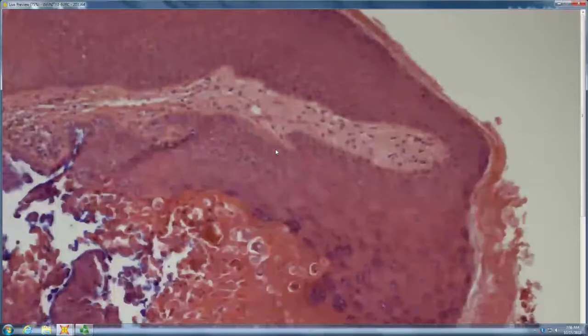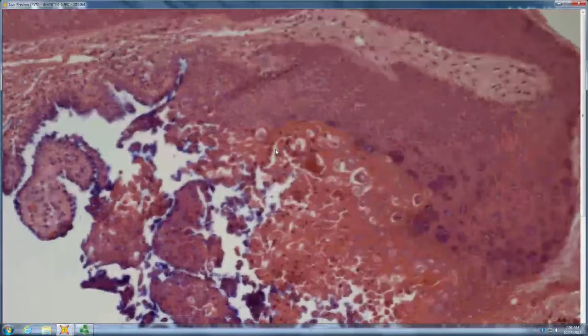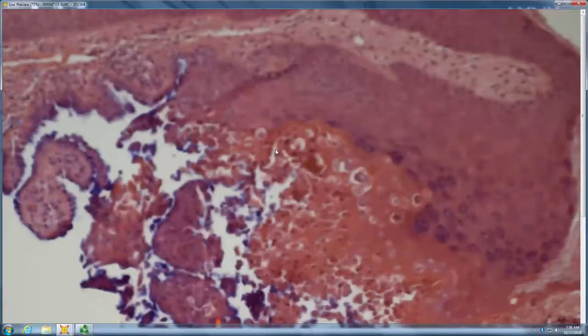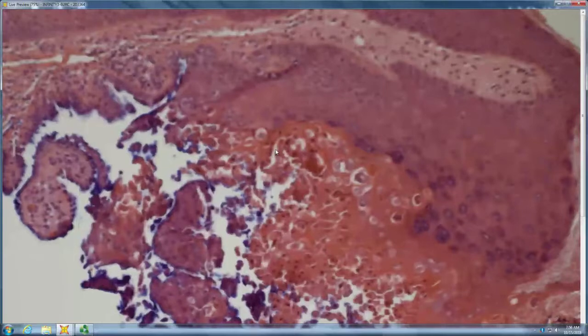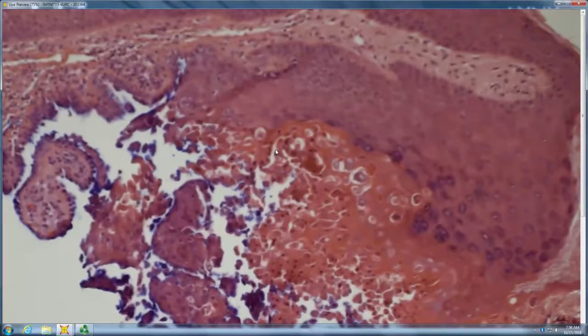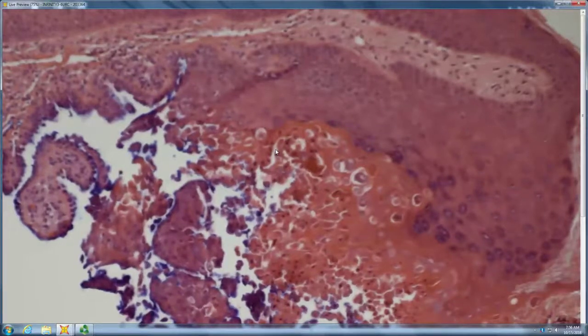So what do you see? There's dyskeratosis with nuclei with a blue halo. Some are blue, some rings are clear. Yeah, blue ones and clear ones.